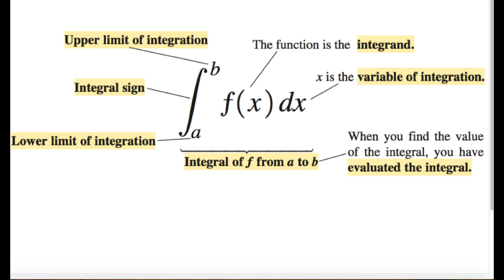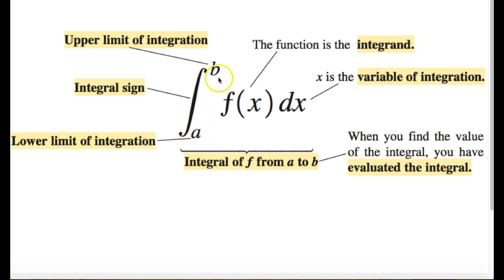Okay, we've already talked a little bit about this notation here, but let's put a few more vocabulary terms to it. This right here is our integral symbol, or integral sign. There is not some special name for this symbol, it's just called an integral sign.